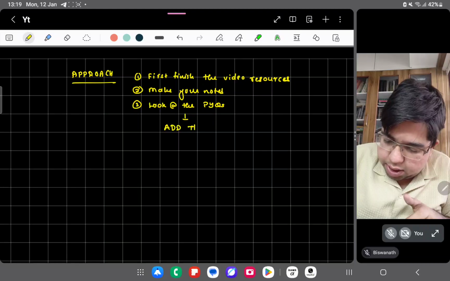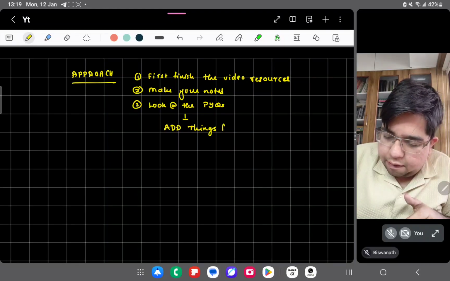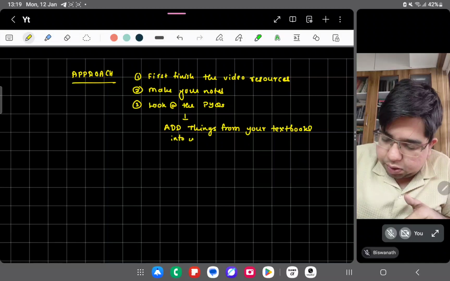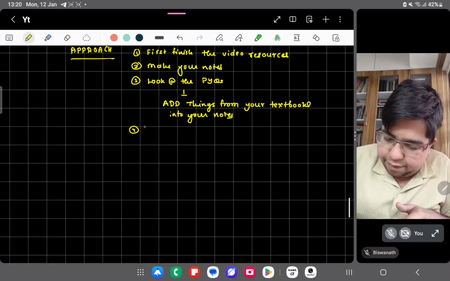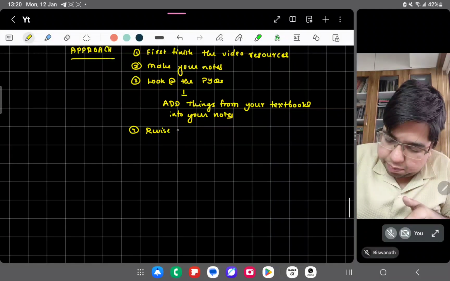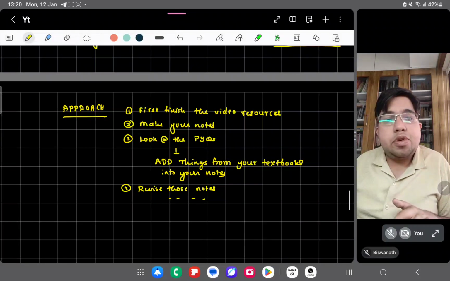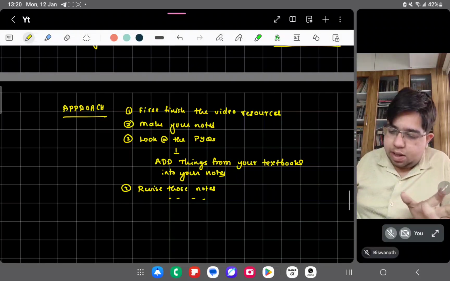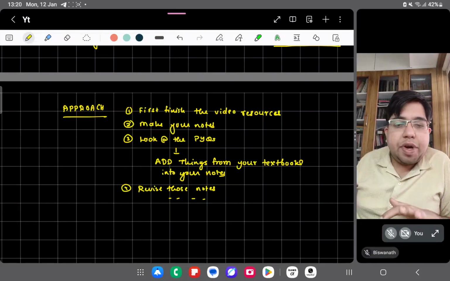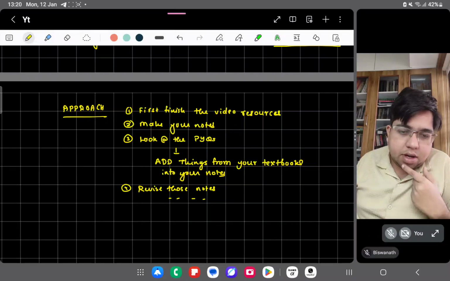Third, add things from your textbooks into your notes. And fourth will be to revise those notes. This will be the primary approach, and that will give you a good boost.